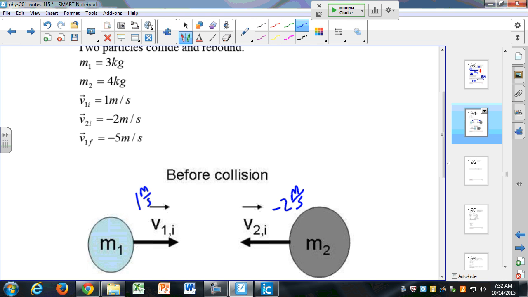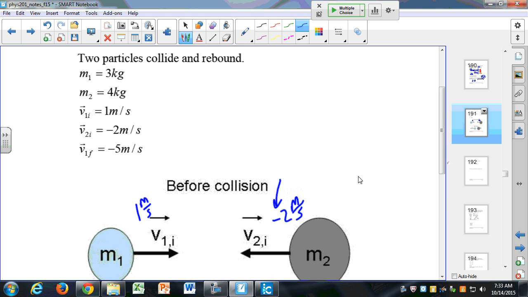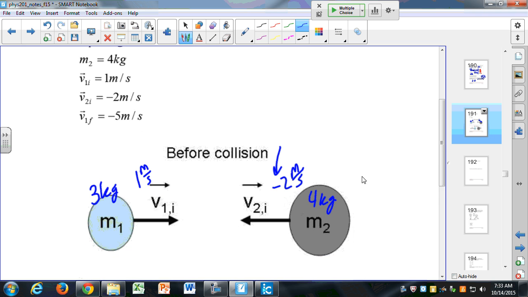One of the big things on these is getting the signs right. So when you're working through these problems, make sure that you get the signs written correctly. I always like to draw a picture. It helps me to see it a lot better. And hopefully on your test, I'll give you a diagram, something like this, if it's just two particles that we're dealing with. Okay, so M1 is 3 kilograms, M2 is 4 kilograms.